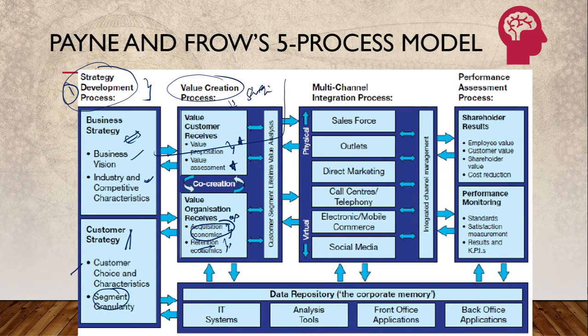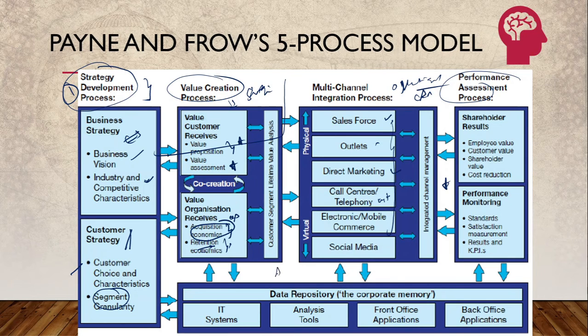Okay. And the third one is the multi-channel integration process, where the different departments like the sales force, marketing, your customer agents, and the social media, how these are integrated, and then how these are actually giving the results, that is the performance analysis. And this is what the operational CRM is. So this model discusses the operational CRM also.